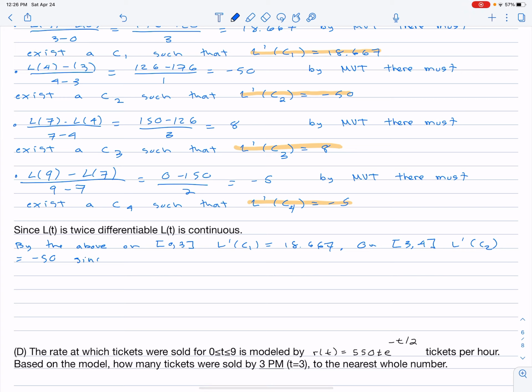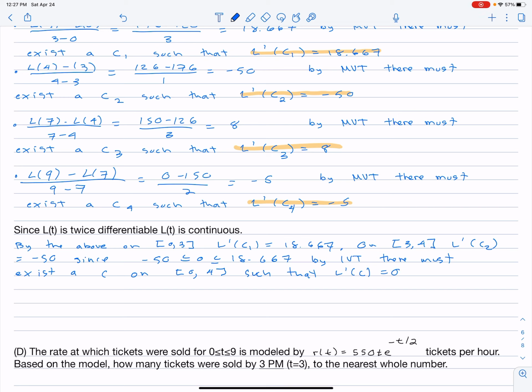Since negative 50 is less than or equal to 0, which is less than or equal to 18.667, by the IVT, there must exist a C on 0 to 4 such that L prime of C equals 0.